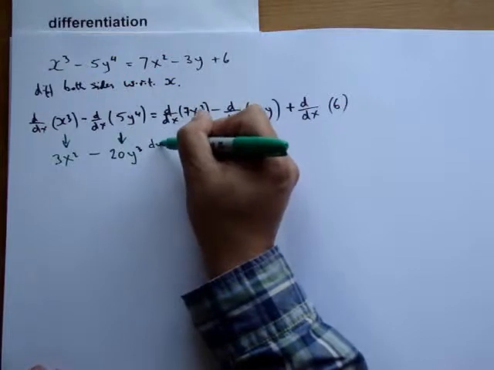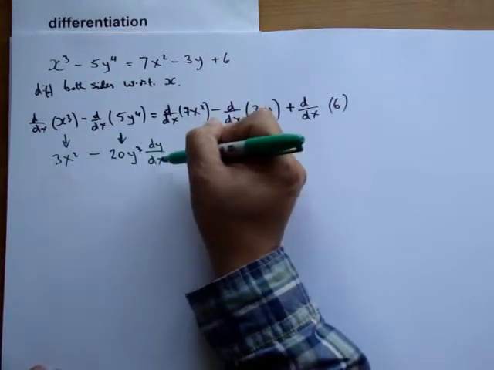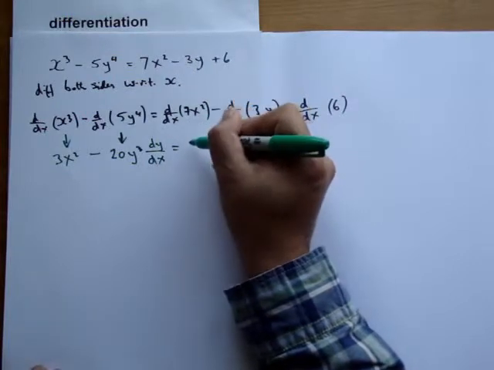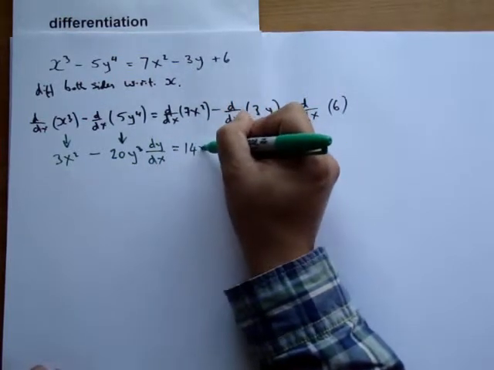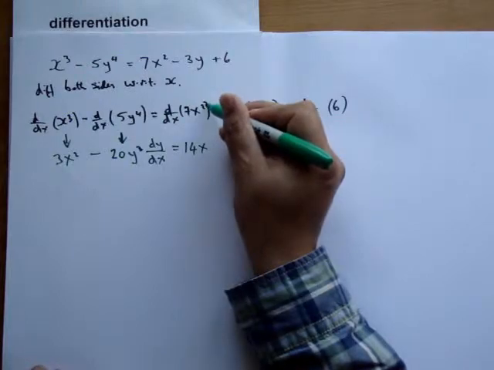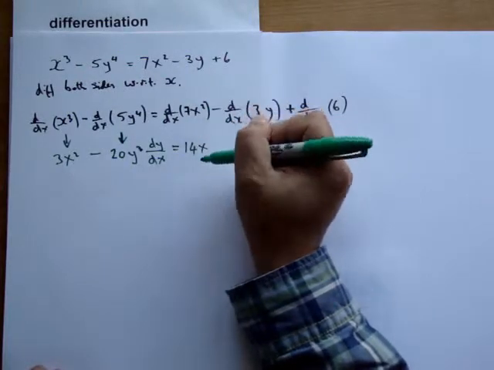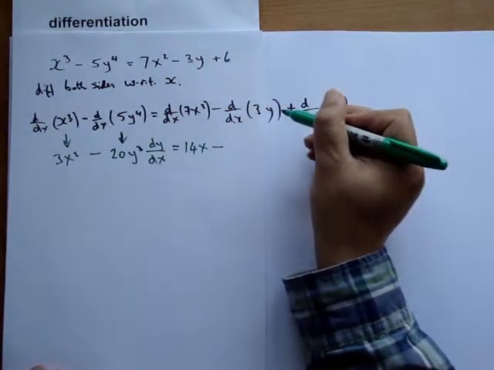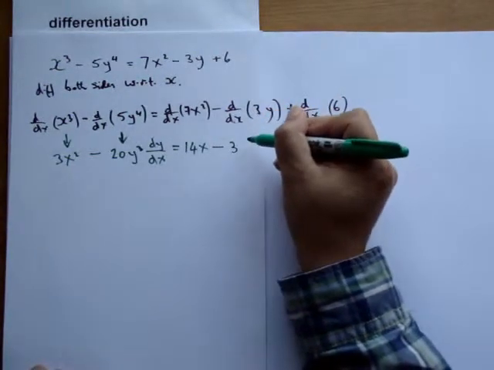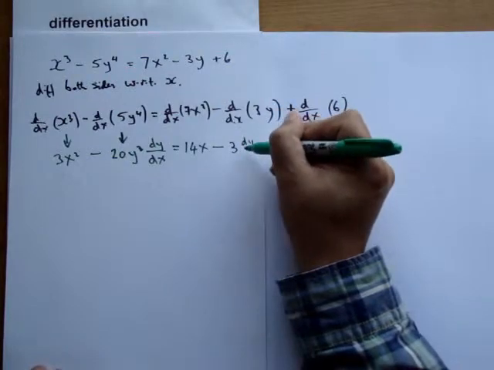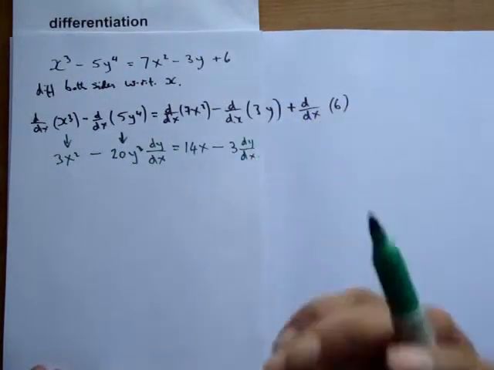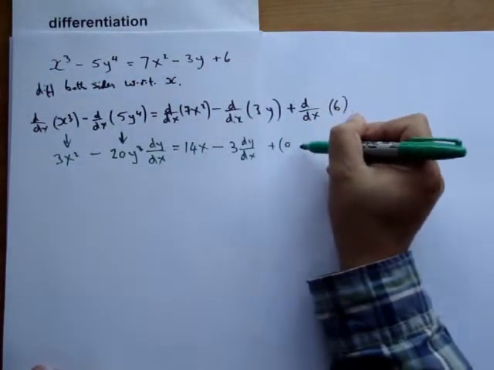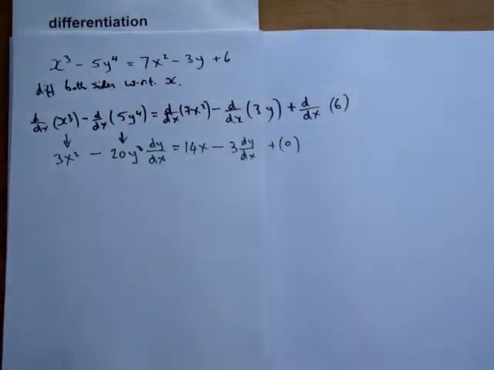Don't forget the dy by dx, equals, when we differentiate here, we get 14x. 2 minus 1 becomes 1, so we just get x. Minus 3y becomes 3. Don't forget the dy by dx. And plus 0. Okay.